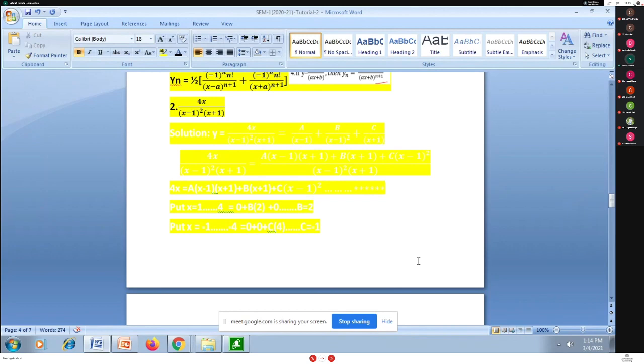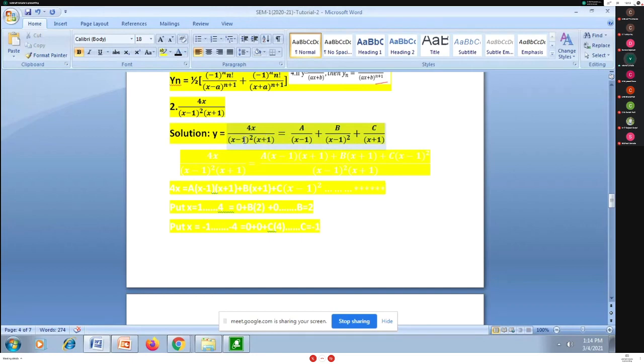As I told you before, you check whether the degree of the numerator is less than the degree of the denominator. Here the degree of the numerator is 1 and the degree of the denominator is 3, so you can go for partial fractions. Now, how do I write the step for partial fractions?